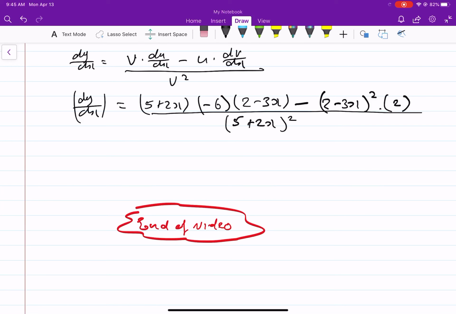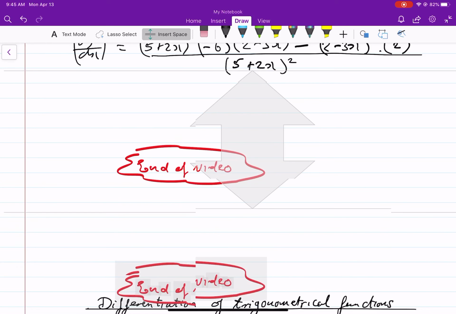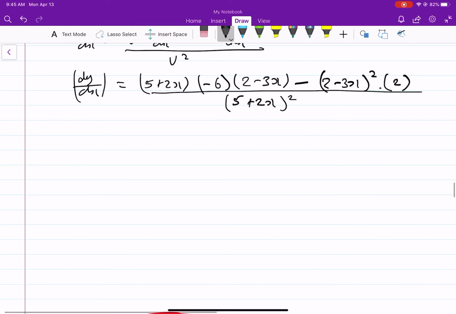Okay, how can I simplify that? Well, usually the first thing I look for is is there anything I can factor out to make the simplification of my numerator simpler. And there is. I can factor out a 2, and I can also factor out a 2 minus 3x. If I factor out a 2 from the minus 6, I have minus 3 left.